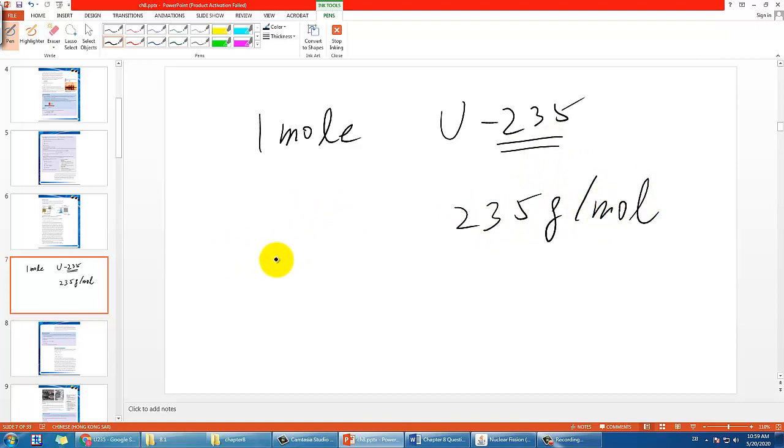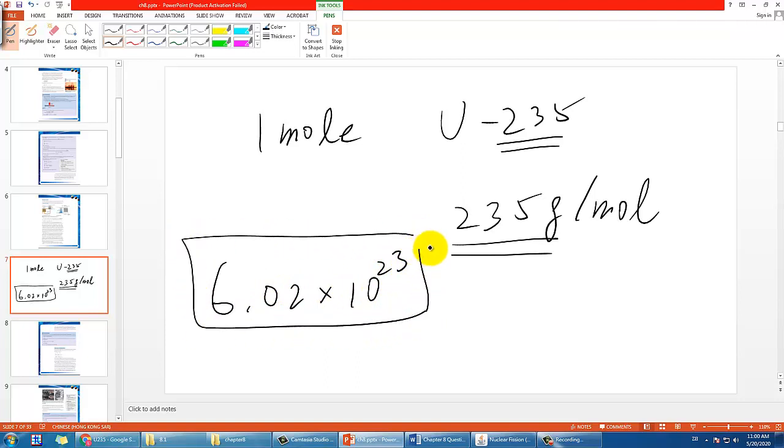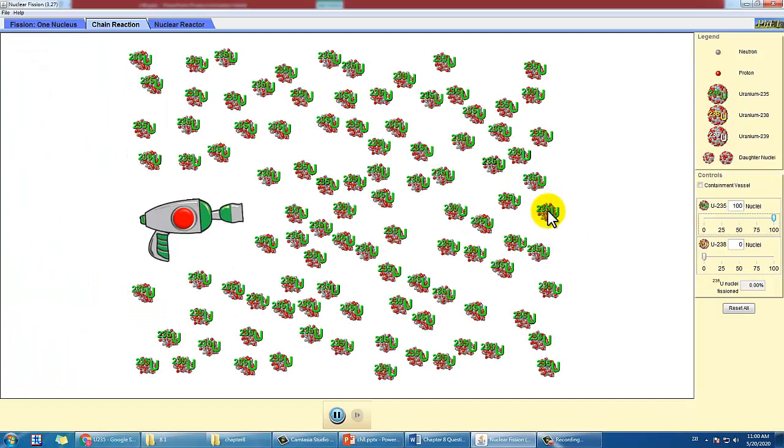So something like 2 apples in your hand is around 200 grams. With this amount of uranium, you will have 1 mole, as in 6.02 times 10 to the power of 23 uranium atoms. So it's much more, even with such a small quantity of uranium. So whether you have 1 or 2 left, it doesn't really matter.